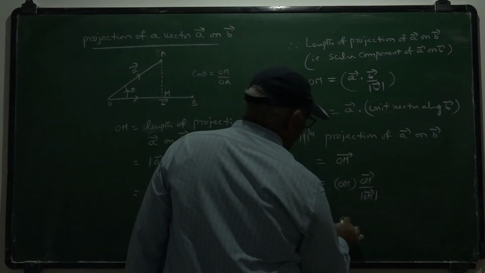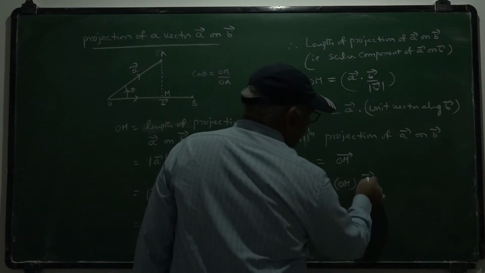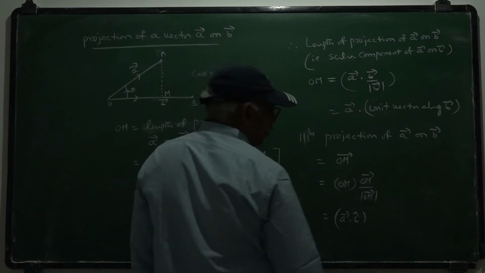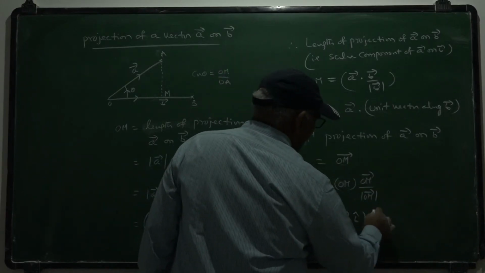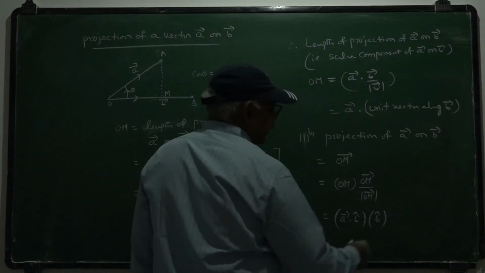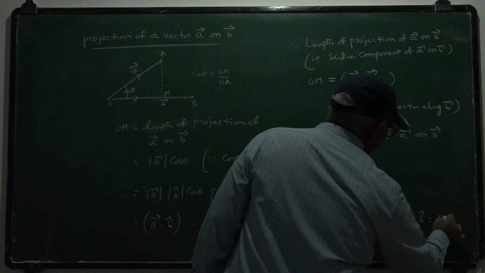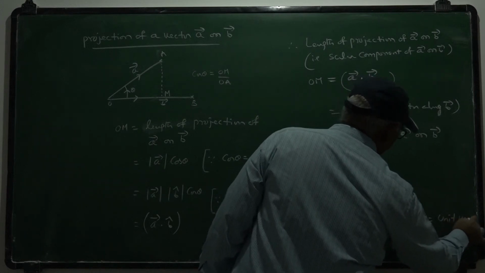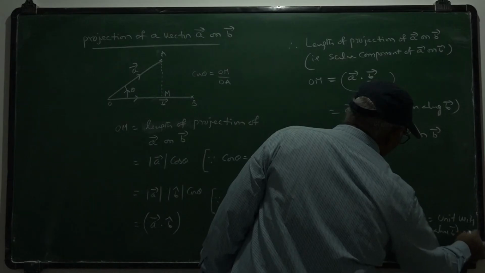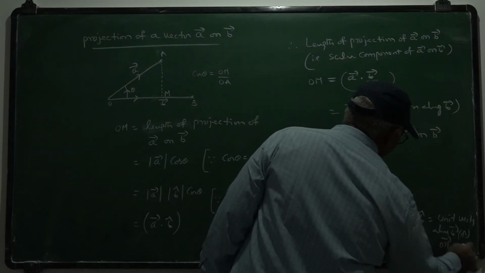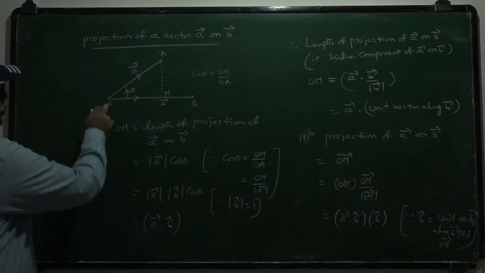OM means A bar dot B cap into OM bar by modulus of OM bar, which is nothing but the unit vector along OM, which is nothing but the unit vector along B cap itself. Since B cap is the unit vector along B bar or OM bar, the unit vector along B bar or OM bar is one and the same.